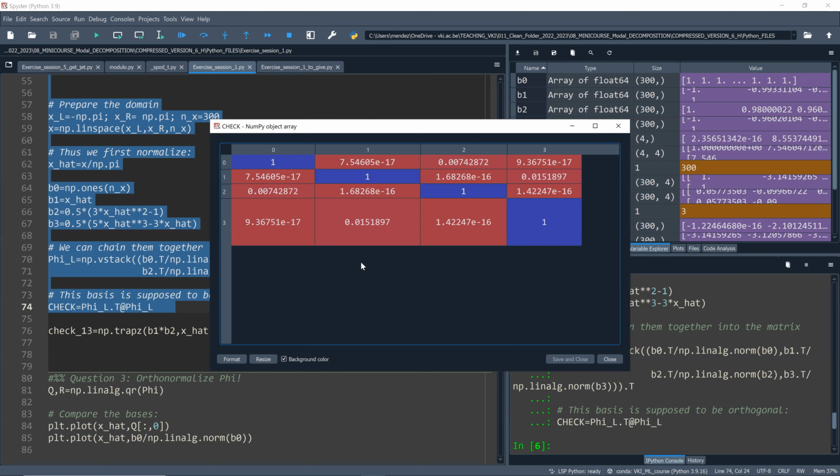What would be a better way of handling that? If our goal is to approximate this integral, there are better ways of computing an integral numerically than just doing that. So the line that follows is a check where I'm using the trapezoidal rule. And you will see that this one is almost 0, already with 300 points.